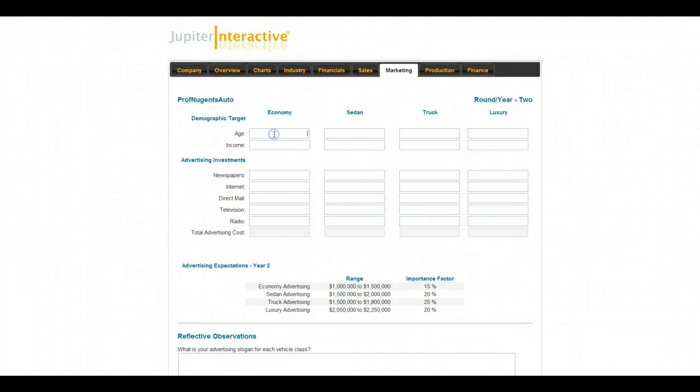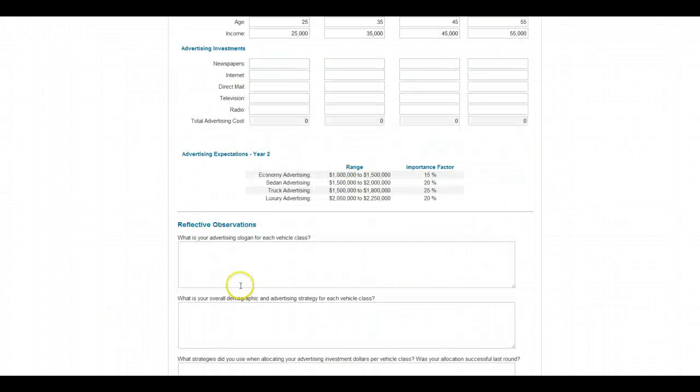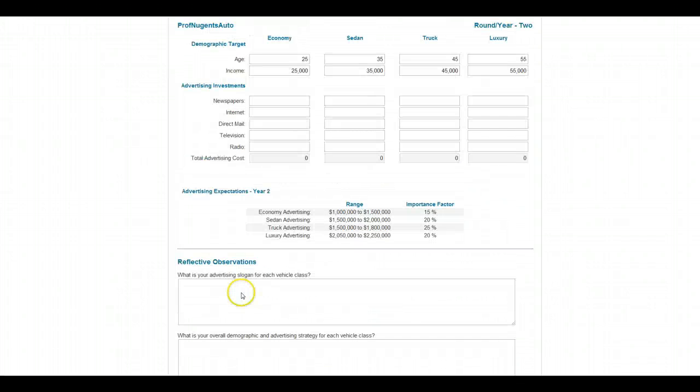So if I pick a young age for my economy class vehicle, maybe my advertising strategy will be advertising to recently graduated college seniors to buy the car. But these demographic targets, I suspect they're just part of the reflective observations, so they tie up together.